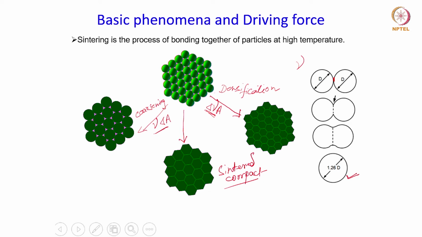So as I said, you can see here also how the sintering process involves both densification as well as grain coarsening.